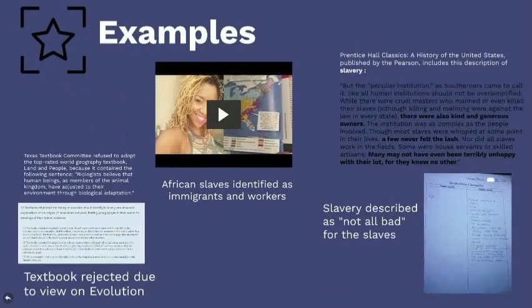So let's look at some real-life examples of how the politics of official knowledge play out. These three examples come from Texas. First, we're going to look at an example of a textbook that identified African American slaves as immigrants and workers while using particular language to talk about white immigrants.